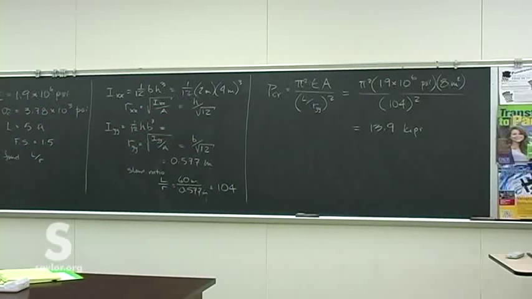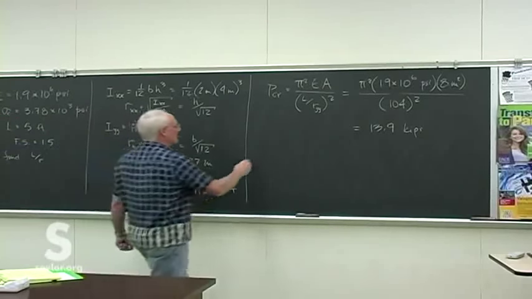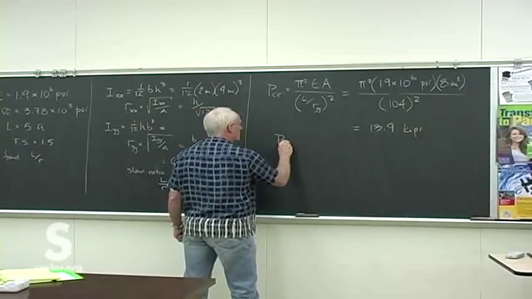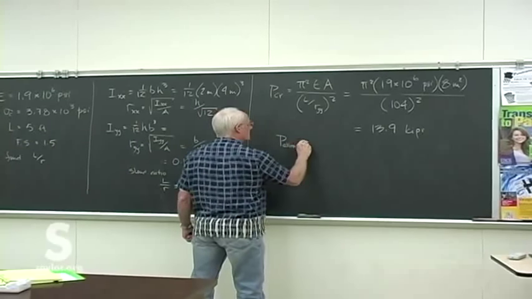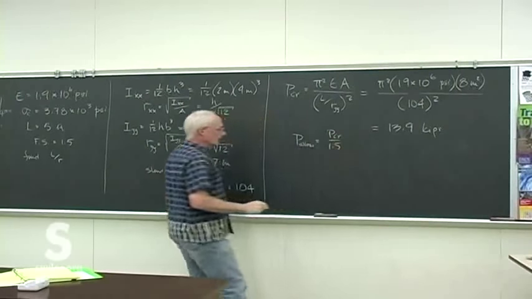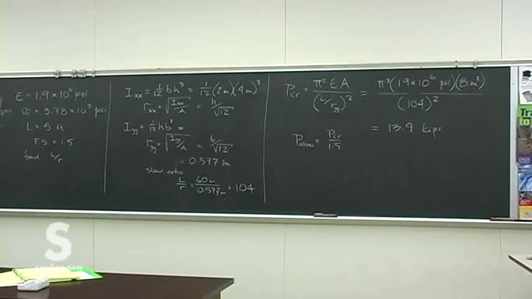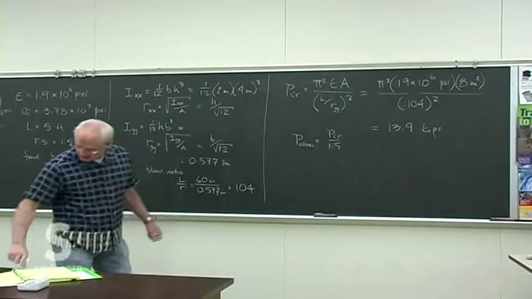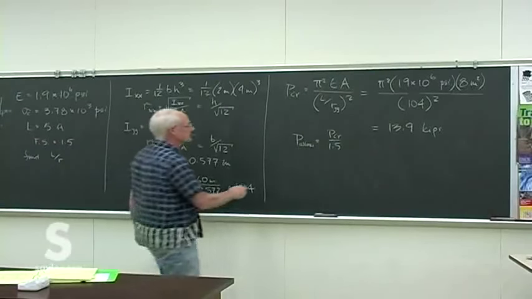And then we apply the factor of safety to that, reduce that by 1.5, just to make sure we only allow a lesser load than that one. And that comes out to be 9.2.